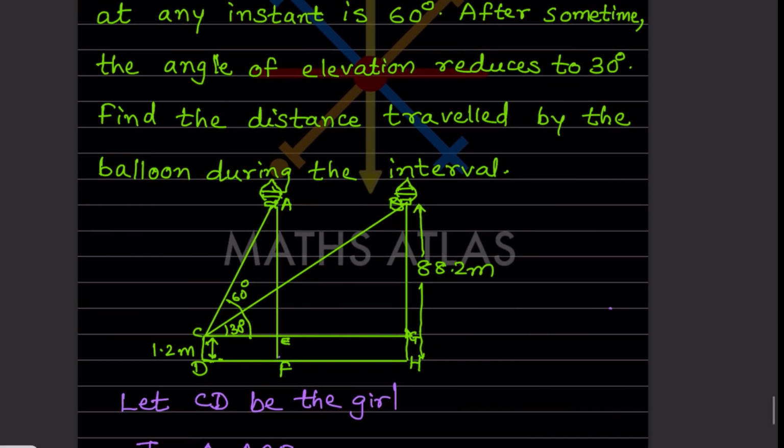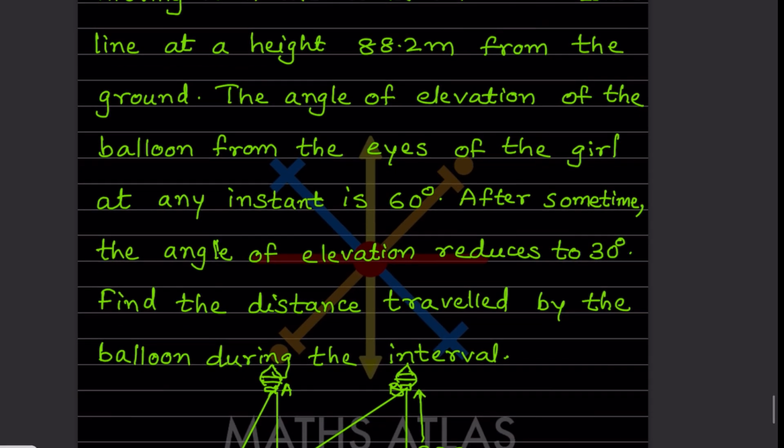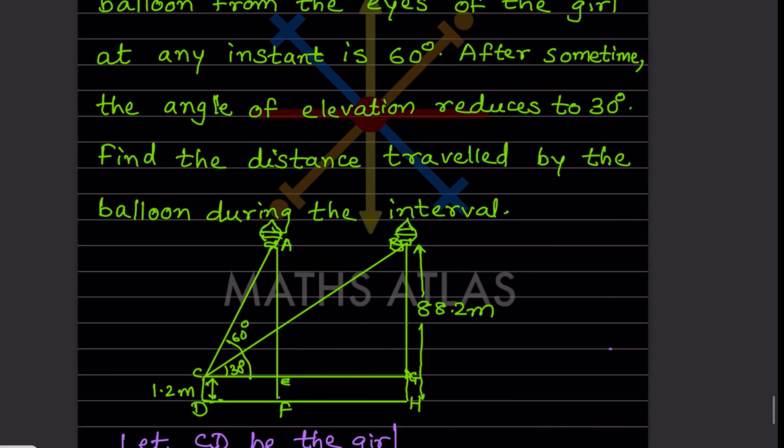Now can you see here, this is 1.2, this is the girl over here, and this distance is given up to the ground, that is 88.2. So first things first, let us make this separate over here. The first angle is given as 60, and after some time the elevation reduces to 30.